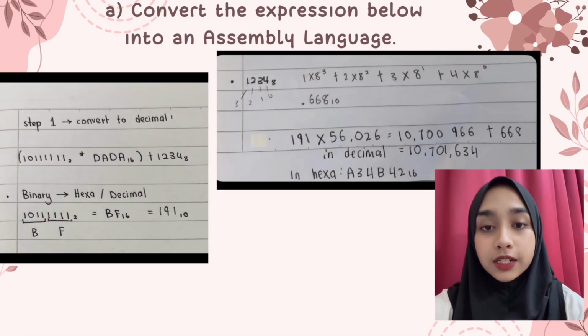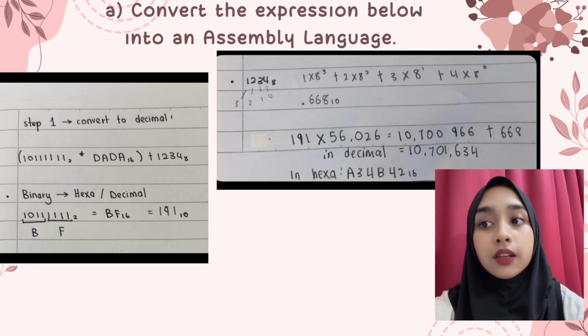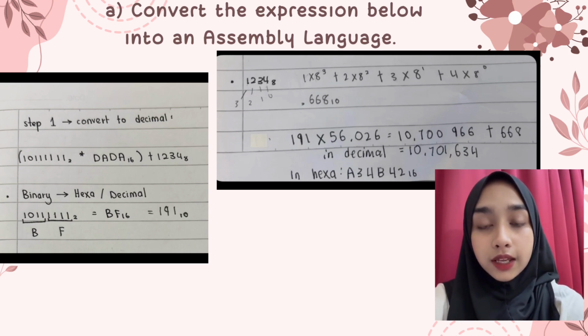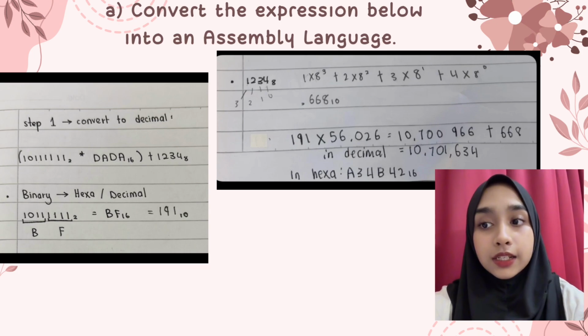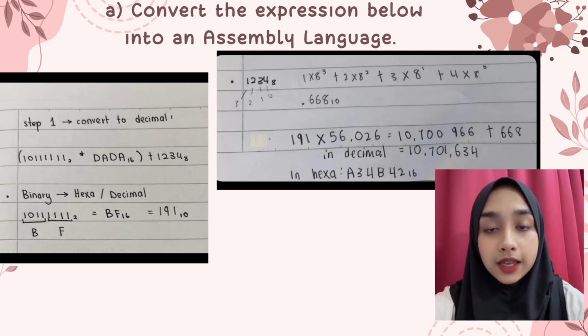Okay, for this question, we need to convert the expression into assembly language. First, I change all the numbers into decimal. The binary number 10111111 base 2 becomes 191 base 10, and DADA base 16 is 56,026. Then the octal number 1234 base 8 becomes 668 base 10.